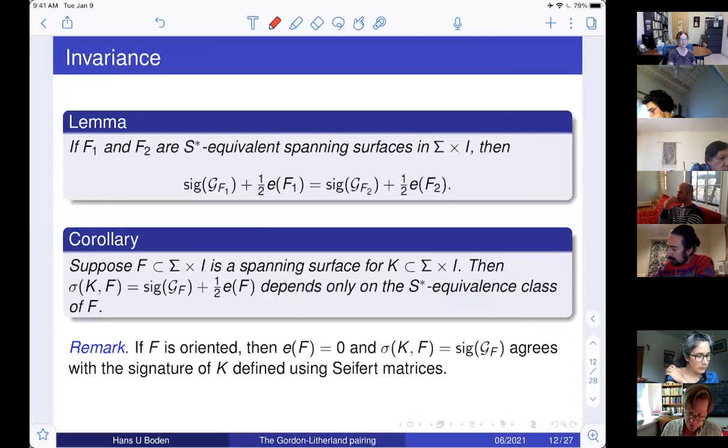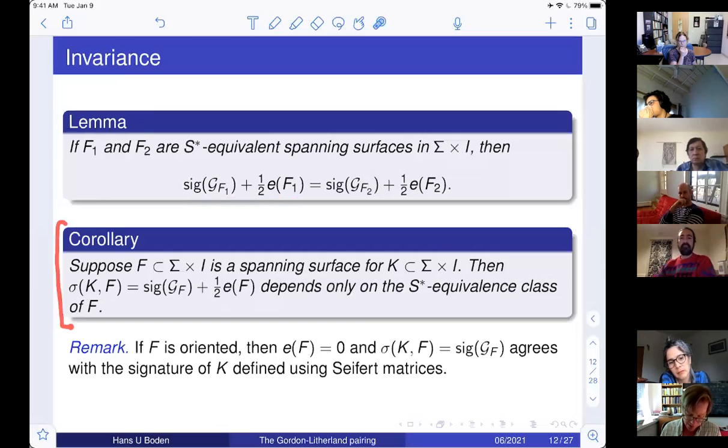So if you give me two spanning surfaces for a knot in a thickened surface, then the signature of the Gordon-Litherland pairing plus this correction term is unchanged under S-star equivalence. So that's an invariant quantity up to S-star equivalence. I guess this corollary is an attempt to answer that question.